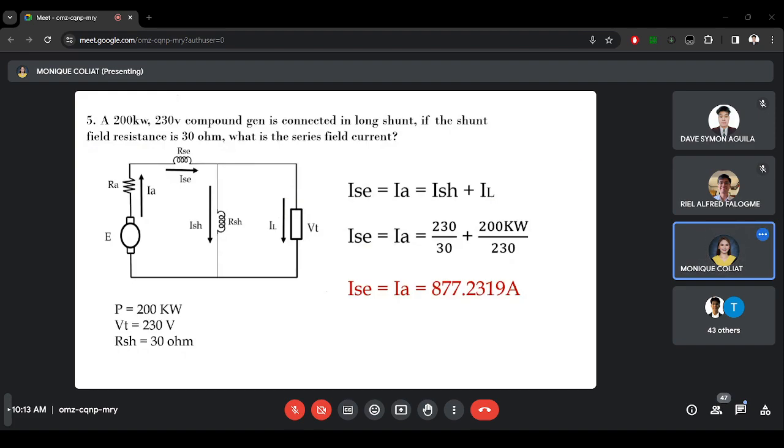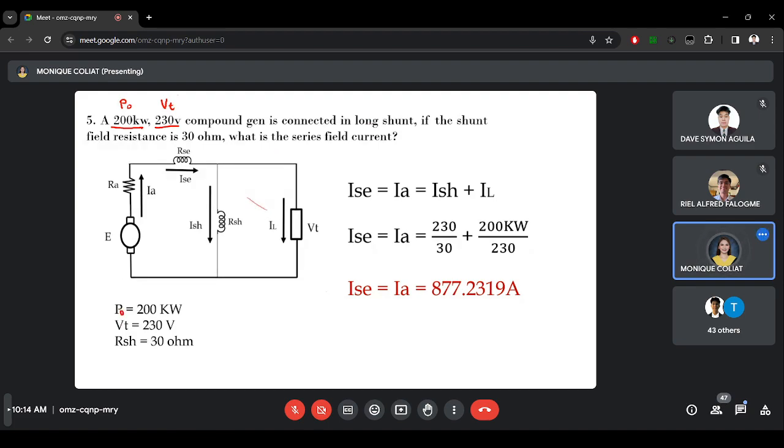Sabi ko nga last time, if there is a power and a voltage given, which is the rating of the generator, that is your PO, output power, and VT, terminal voltage.